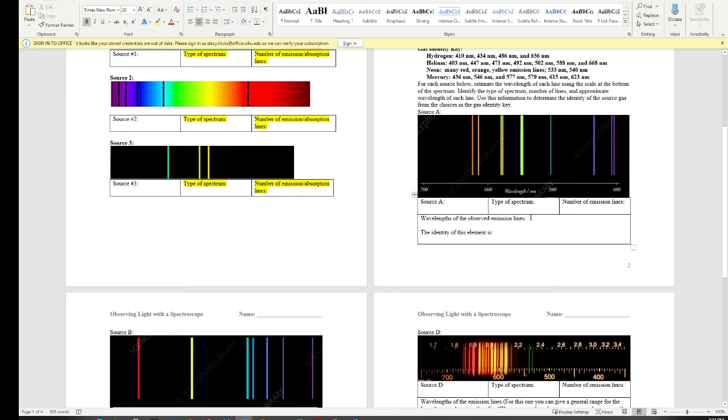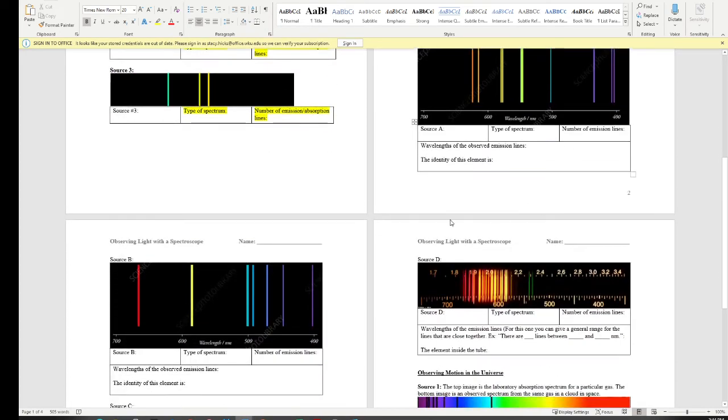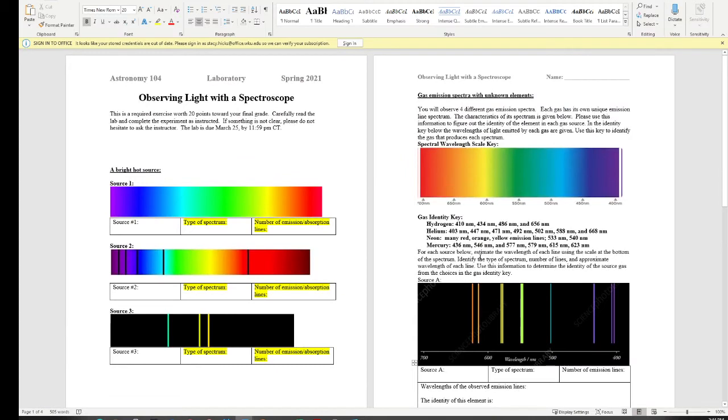And then you're going to list the estimated wavelength of each emission line, okay, based on this scale at the bottom, right? And then you're going to look at this identity key to determine the identity of the gas, okay? So you have 4 different choices here.